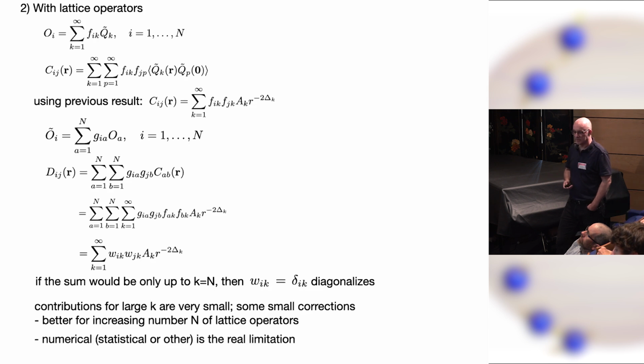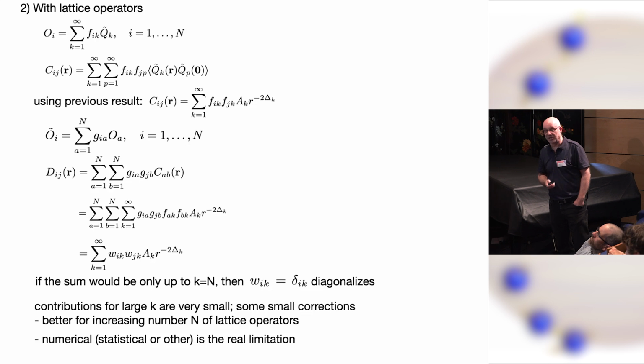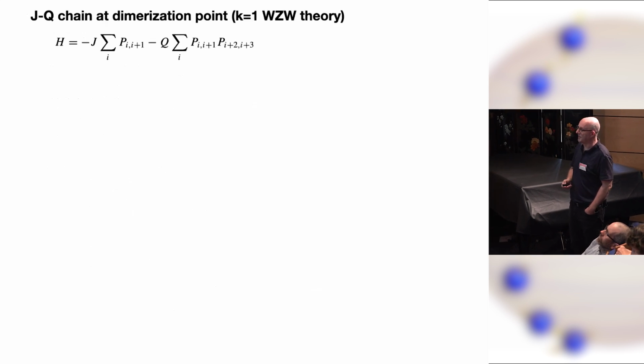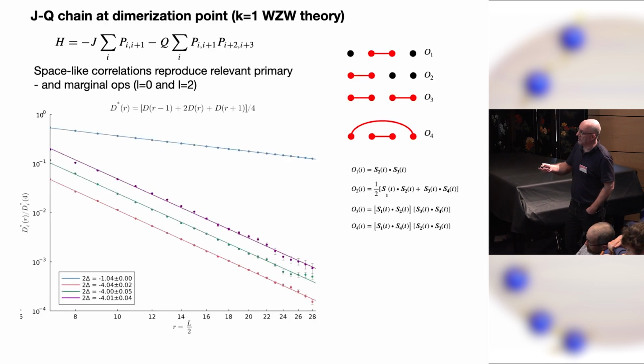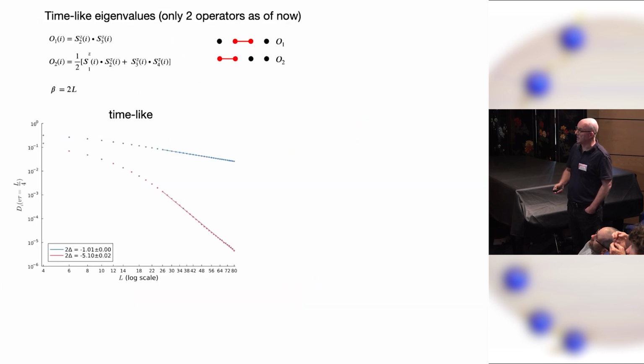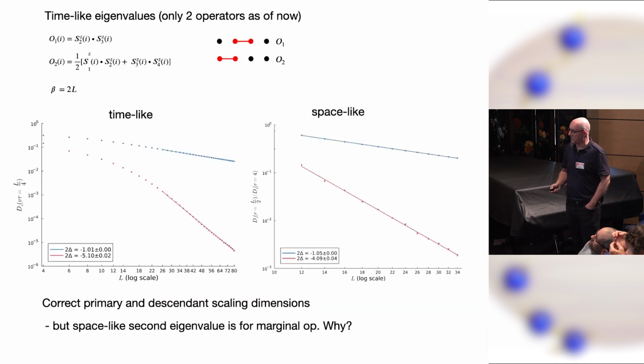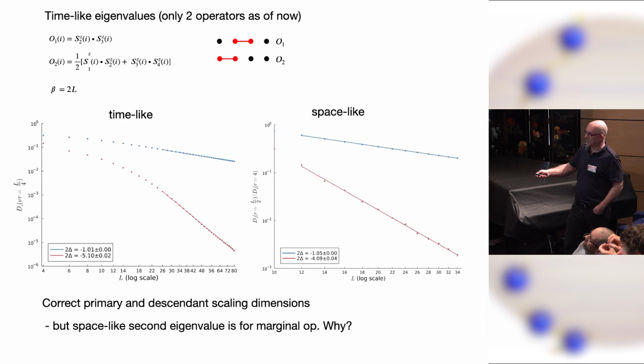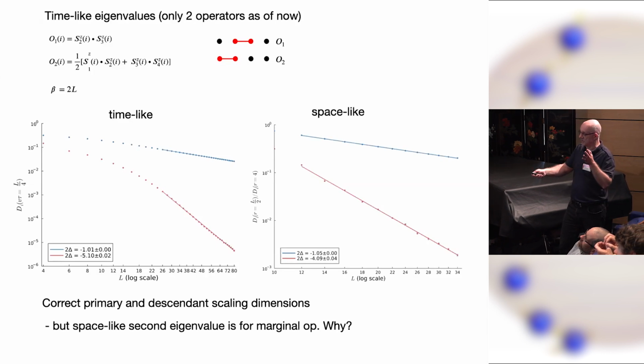Right. I'm pretty much wrapping up now. I also had some results for this Wess-Zumino-Witten kind of spin chain, where it also seems to work. We get known scaling dimensions, but we had one mystery here. Before, I showed the transverse field Ising model, where we get the same behavior in space and time.